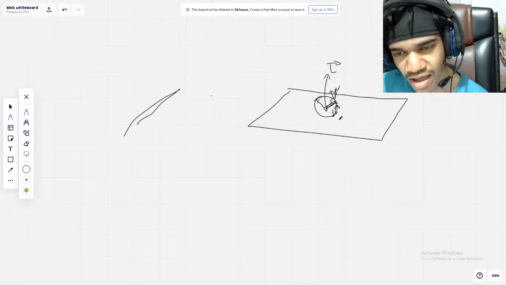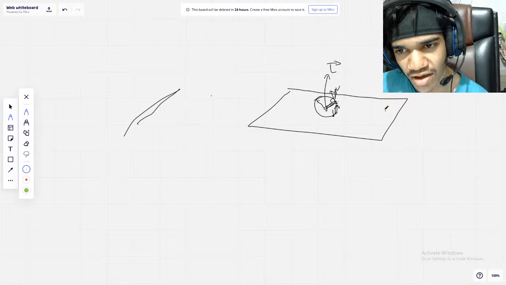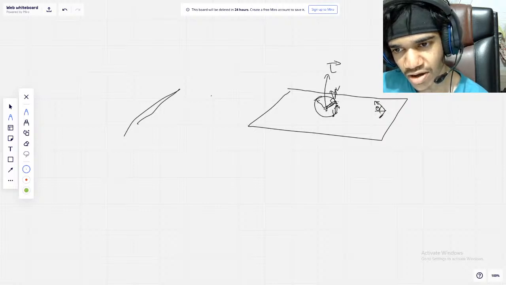I'm not saying exactly perpendicular displacement, I'm saying a displacement which is at some angle with the plane. Okay, so here the angle with the angular momentum will be different in both the cases.